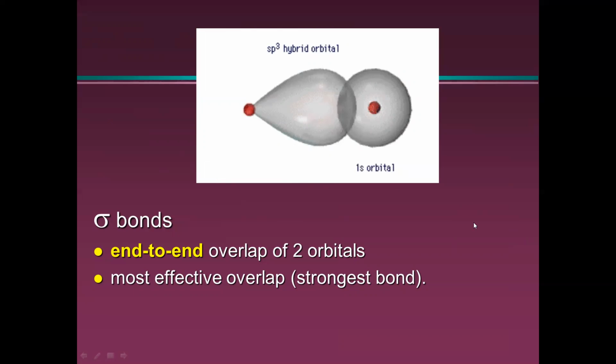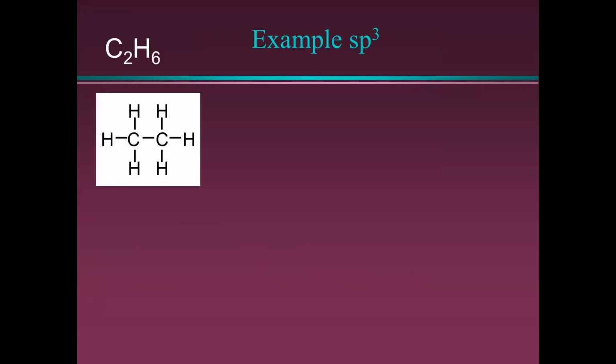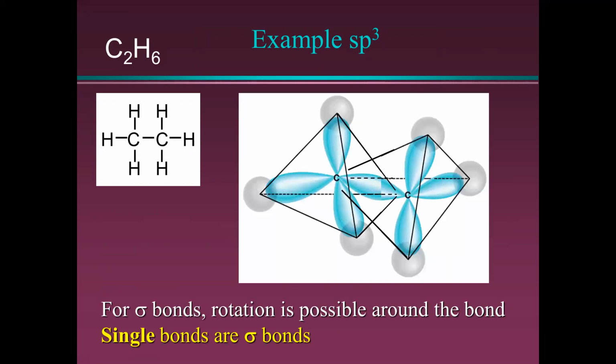This way you have the most effective overlap. Here the overlap is maximum, so this is the strongest bond. It's a sigma bond. So this is an example of how the sigma bond is formed.